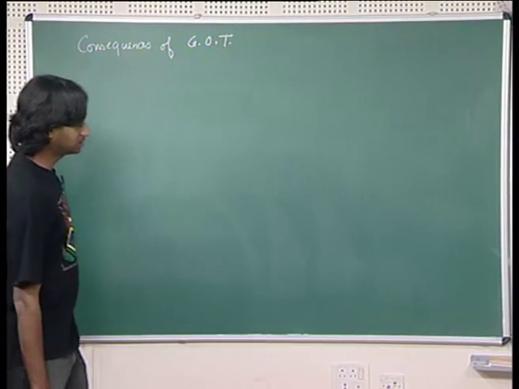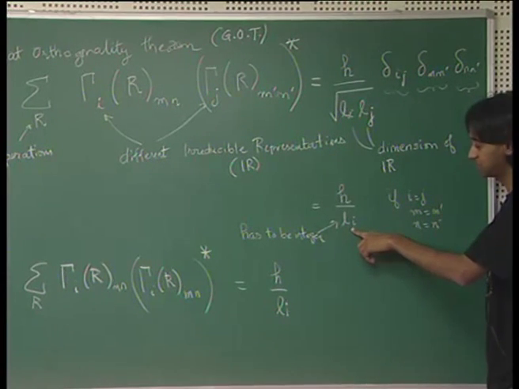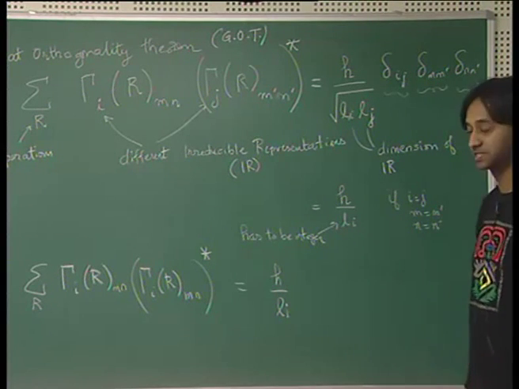Now let's look at this. This is the dimensionality of an irreducible representation. Li refers to the dimensionality of an irreducible representation.